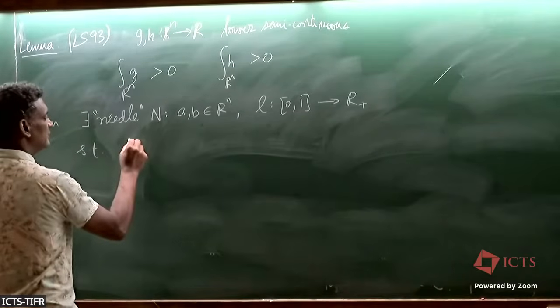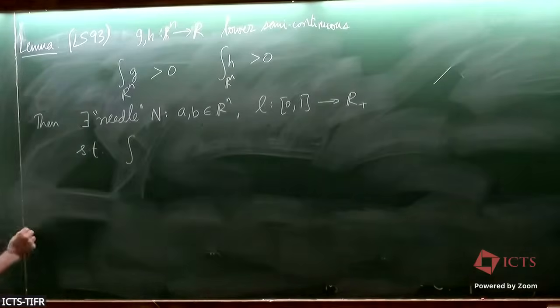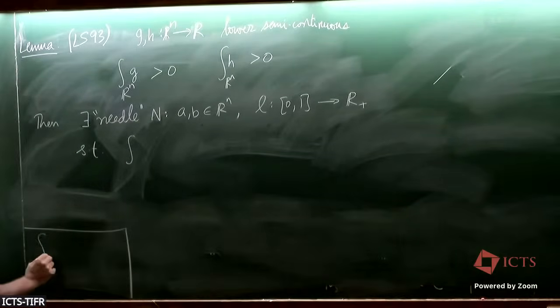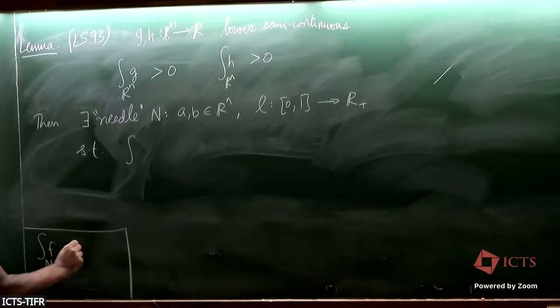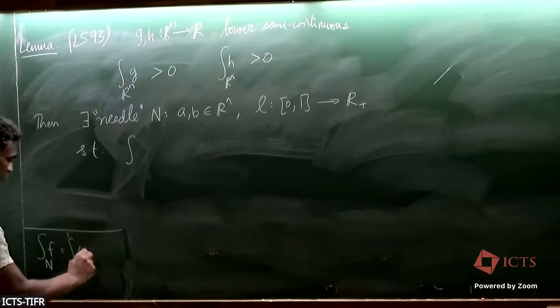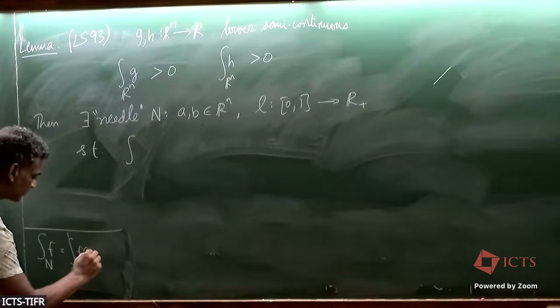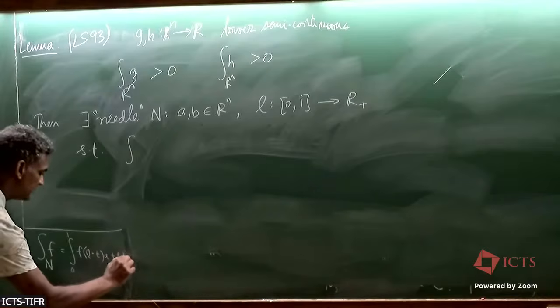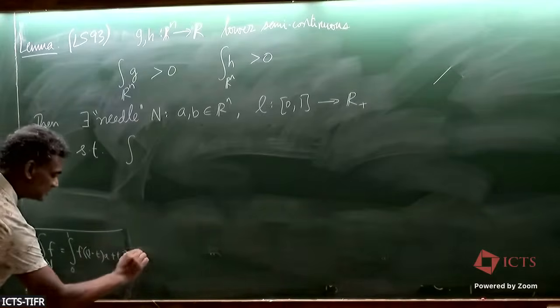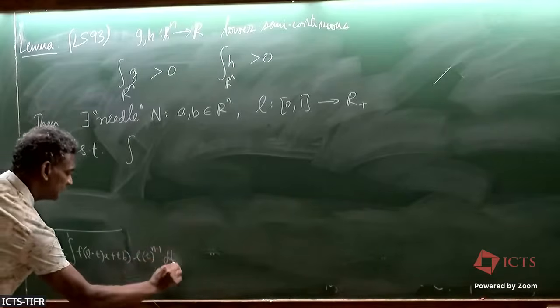The integral over the needle, so let's just give a little definition here. The integral over a needle of a function f is just the integral from 0 to 1 of f((1-t)a + tb), times the linear function at t, to the n-1, dt.